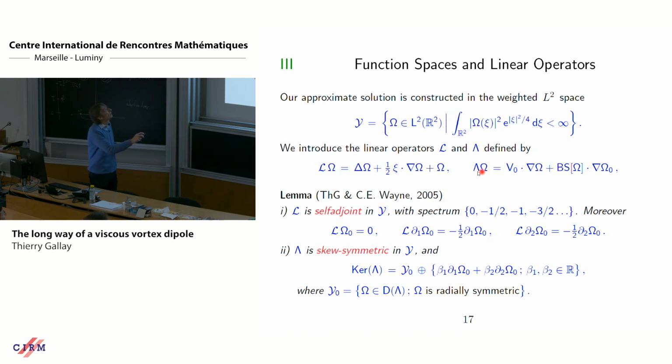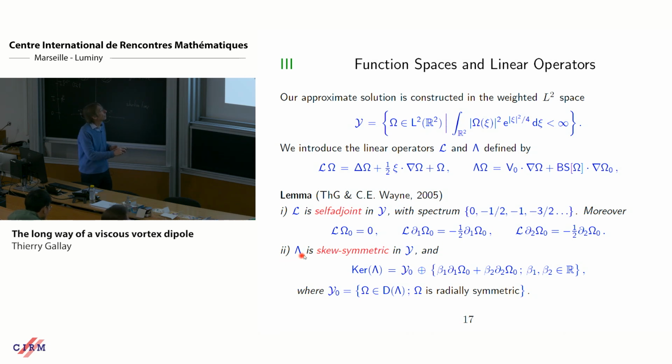And if you look at all this in a Gaussian weighted space, here an L2 space with a Gaussian weight, you have this beautiful result, which has been known in part since a long time, which tells you that in this space, the diffusion operator is self-adjoint with purely discrete spectrum, eigenvalues being 0, -1/2, -1, and so on. This is in fact the harmonic oscillator.